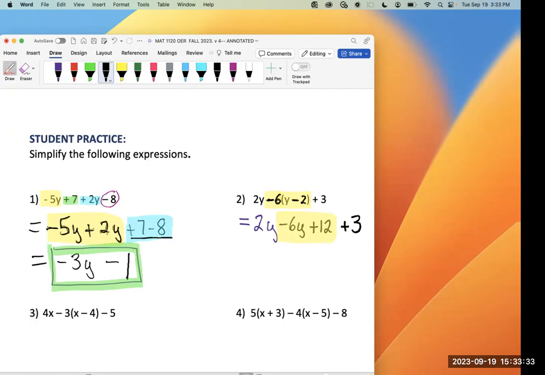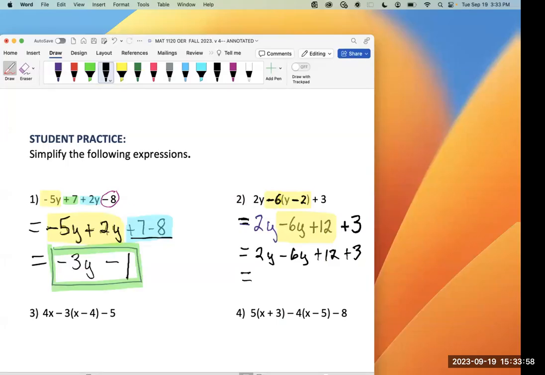My suggestion when you take these expressions, write it on your paper, put an equal sign, and then work straight down. Each line should have the same value as the line below it. So now I've got 2y minus 6y plus 12 plus 3. Well, the terms that are alike, the 2 with the y, 2y minus 6y.